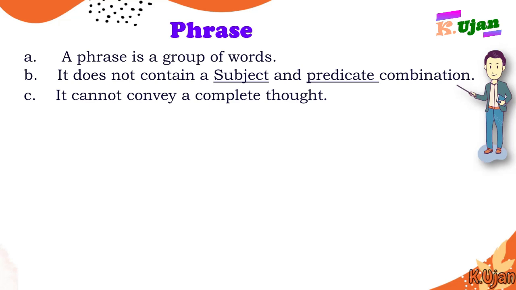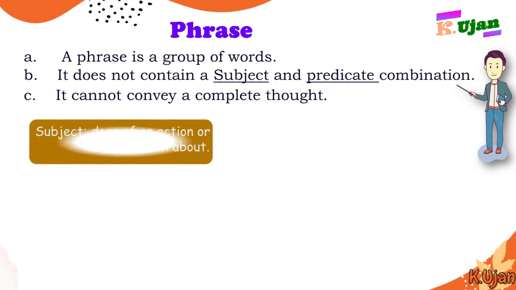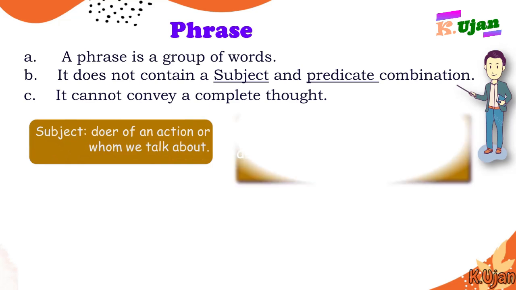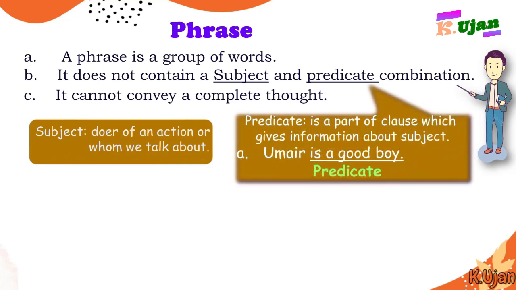But here is one thing which may be complicated for the students, that it does not contain a subject and predicate combination. For the sake of its understanding, we must know what is a subject. Subject is a doer of an action or whom we talk about. And on the other hand, a predicate is a part of clause which gives information about the subject.